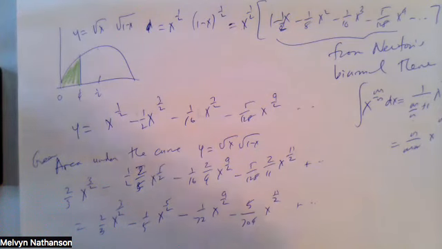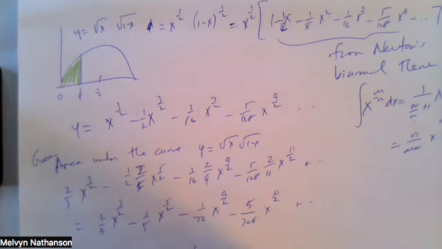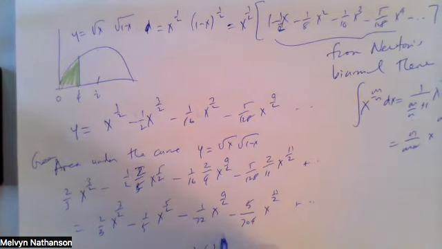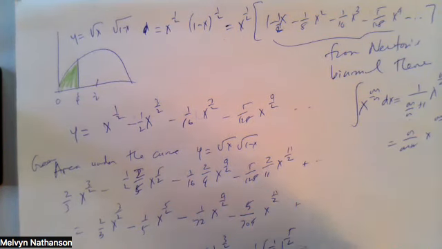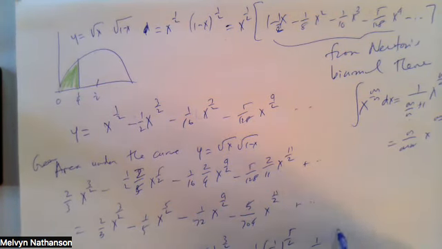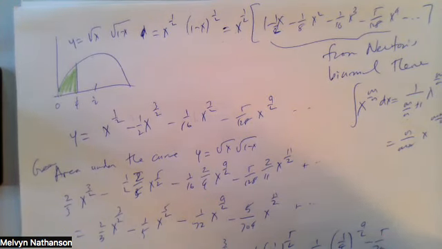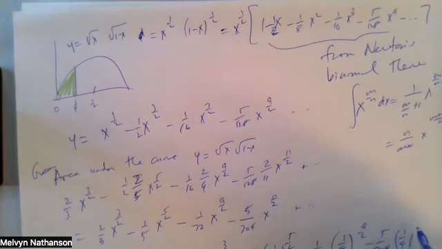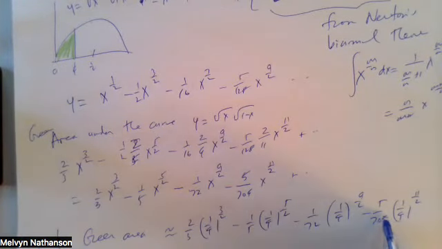What we're interested in is approximately, let's just look at these first 4 terms: 2/3, 1/4 to the 3/2 minus 1/5, 1/4 to the 5/2 minus 1 over 72, 1/4 to the 9/2 minus 5 over 704, 1/4 to the 11/2. We get this number.